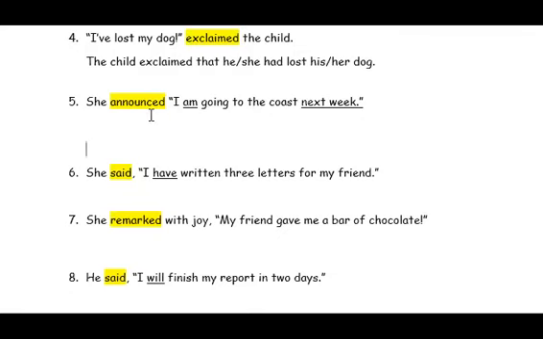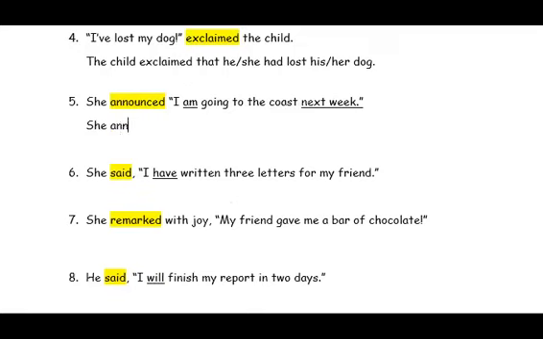Moving on. She announced, I am going to the coast next week. So, guys, in this case we ask ourselves, the introductory verb is announced, right? And the tense would be past tense as well. So everything else changes to the past tense. And we know that am changes to was, next week changes to the following week, right?